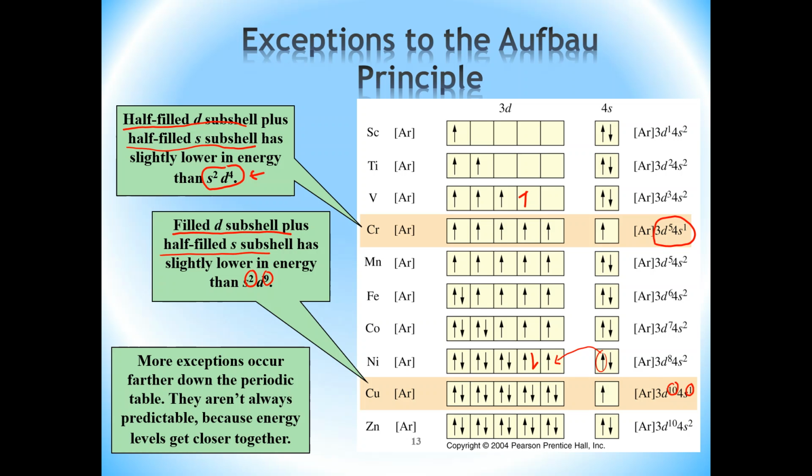And in the case of copper, the element below copper is rhodium, and rhodium has a similar electron configuration in terms of 10 electrons being in the d subshell and 1 electron being in the s subshell, all right?